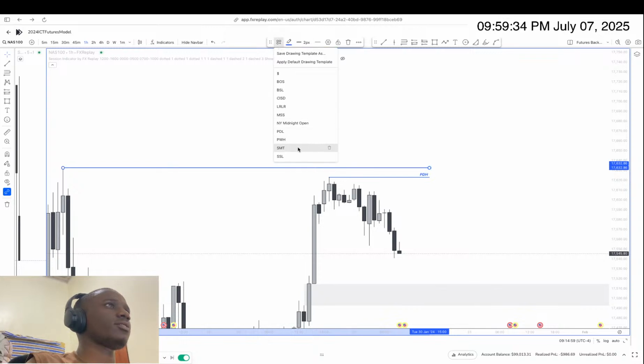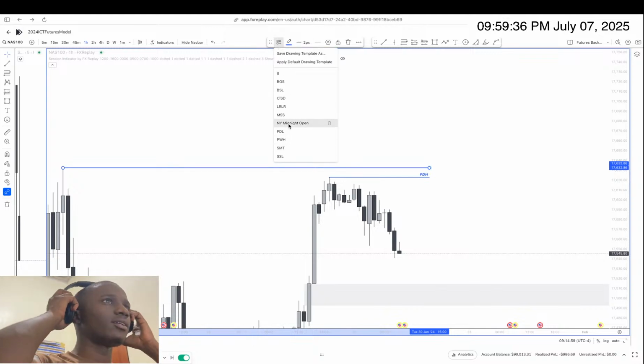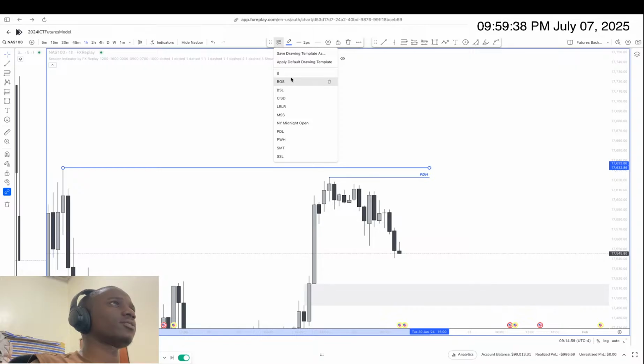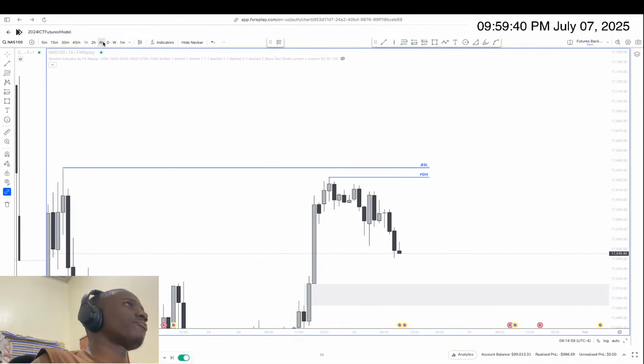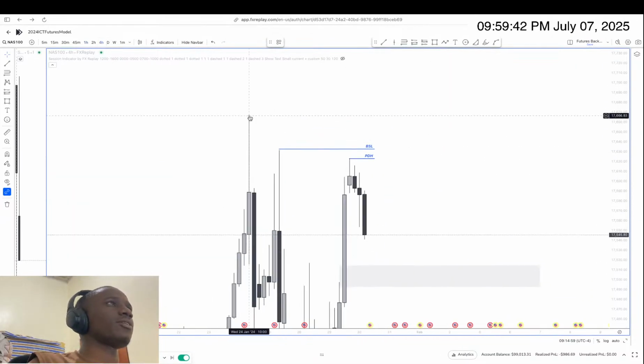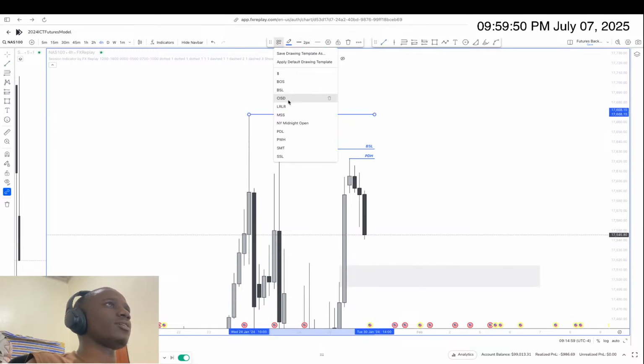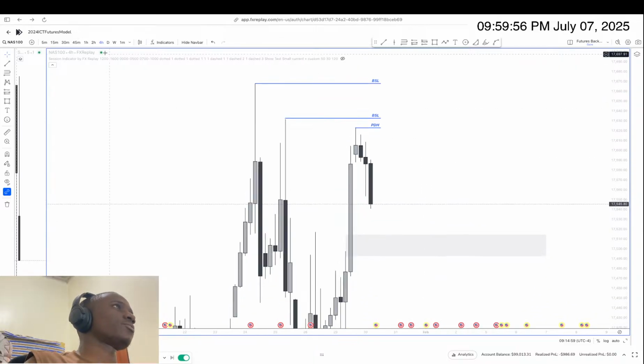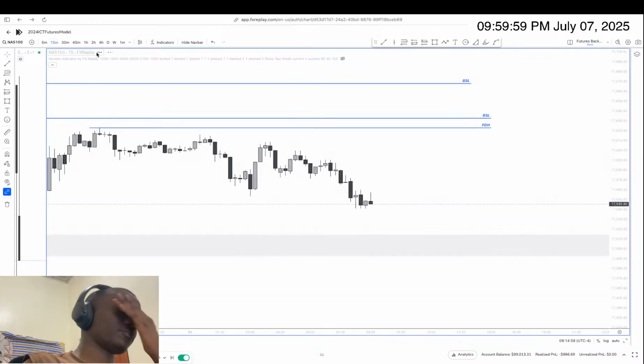Nice buy side liquidity here. Now going on the 4-hour, we also have this huge buy side all-time high. So these are our draws to the upside if we react to PSL.